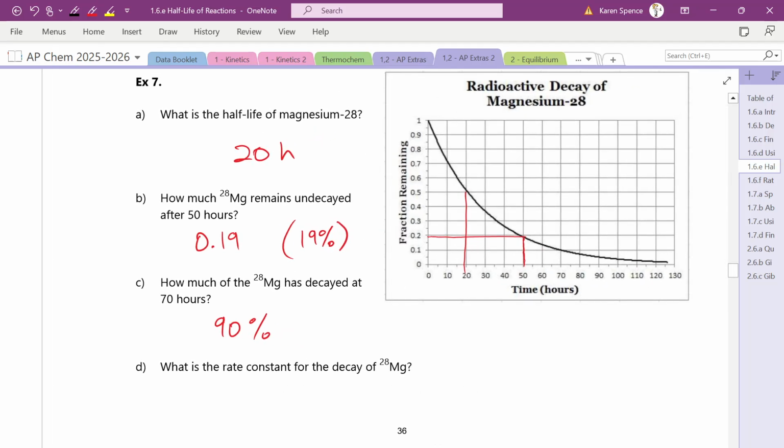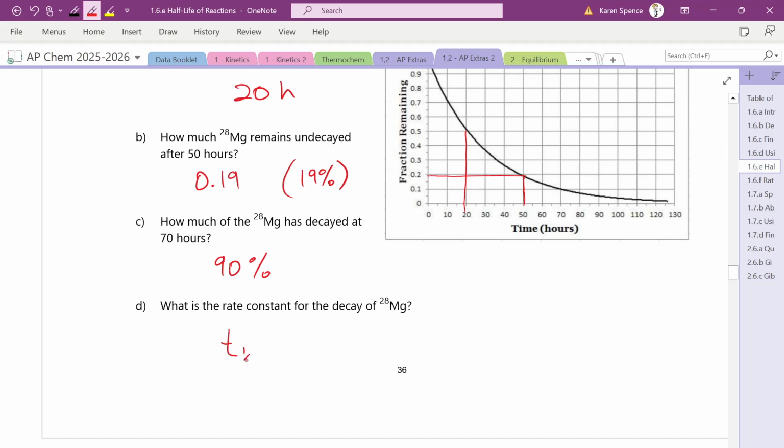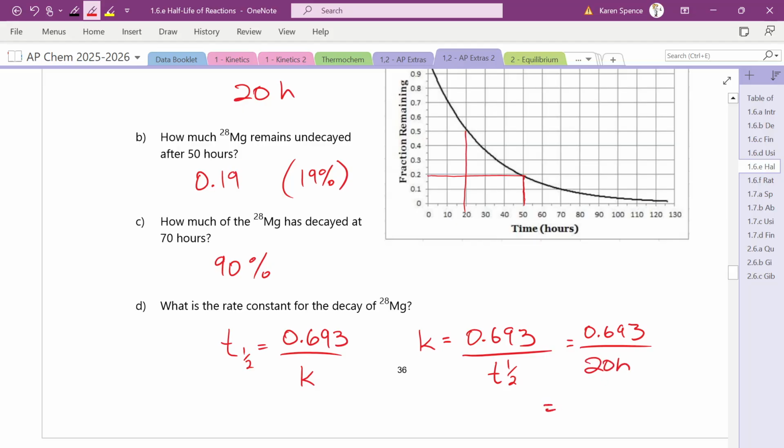And what is the rate constant? Is good? Yeah.